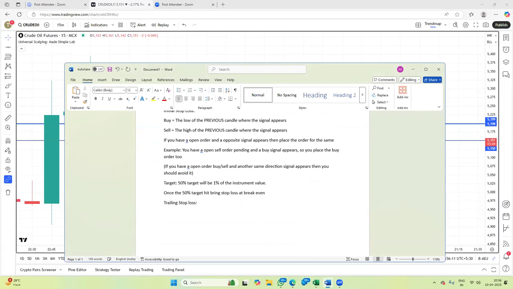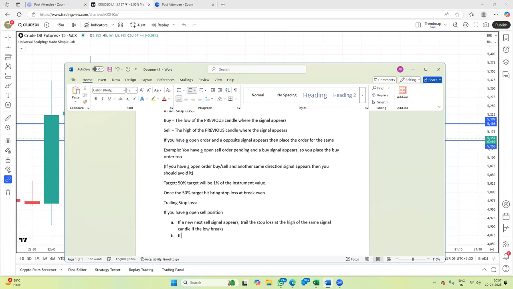If you have an open sell position, then if a next sell signal appears, trail the stop loss at the high of the same signal candle, if the low breaks.